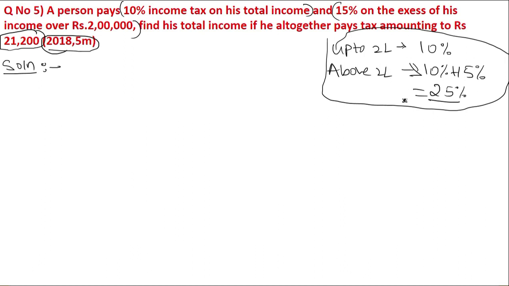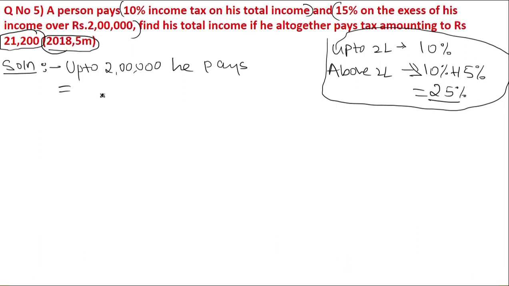So first we have to find out how much tax out of this 21,200 is paid up to 2 lakhs. Correct? Up to 2 lakh, how much does he pay?